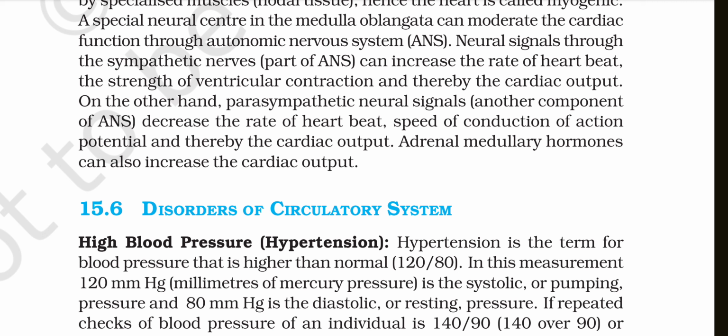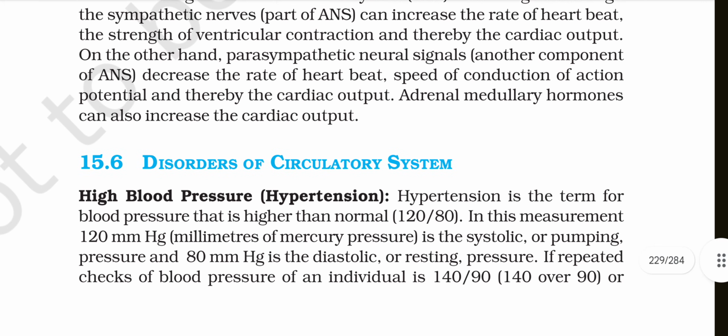As we have learned in the case of athletes, people can alter the cardiac output and the beats per minute of the heart, right? The stroke volume and cardiac output.